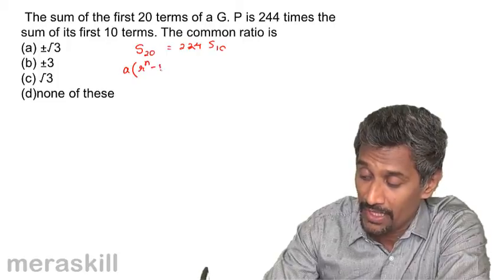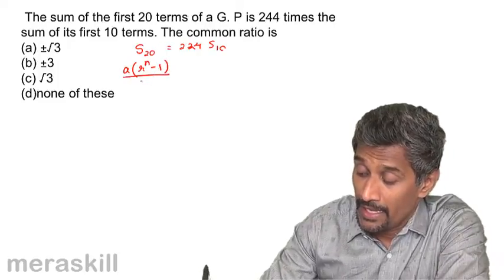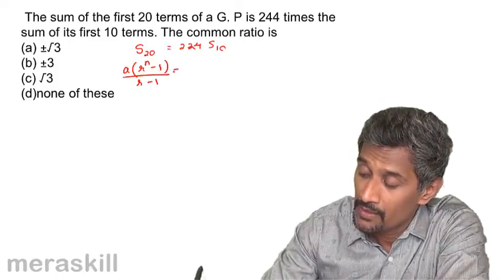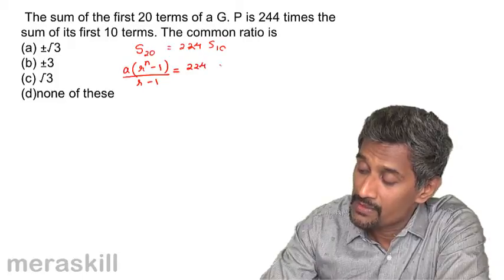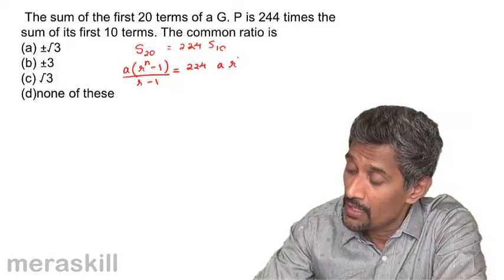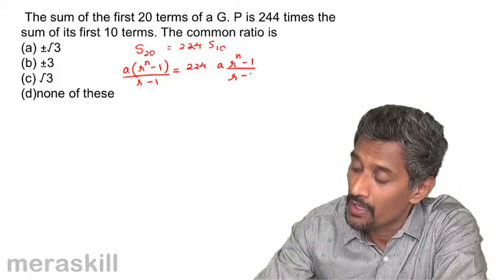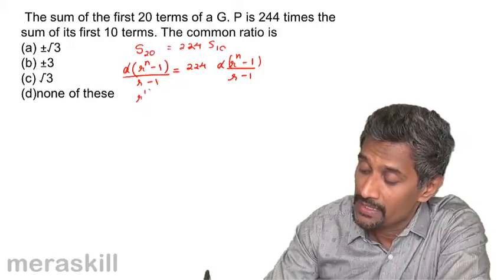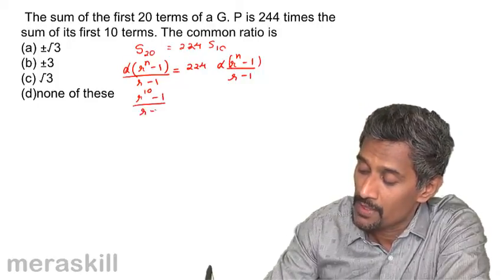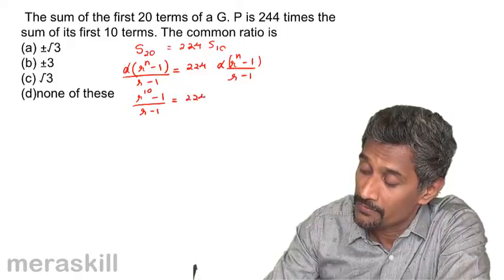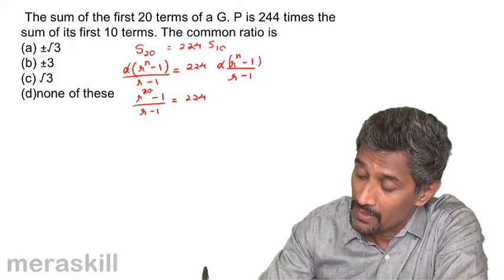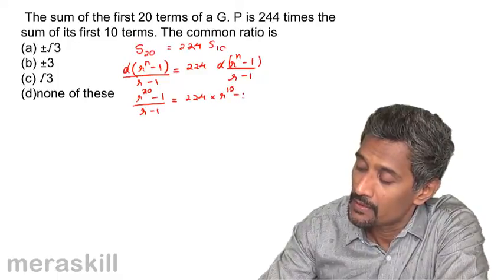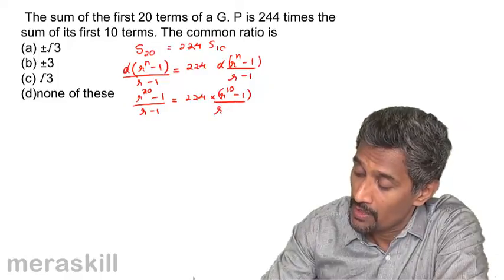We can take r raised to n minus 1, so it's going to be a into r raised to 20 minus 1 upon r minus 1 is equal to 244 times a into r raised to 10 minus 1 upon r minus 1.